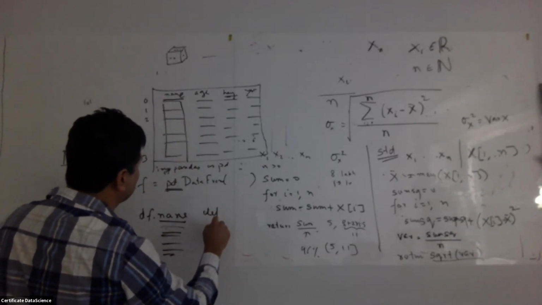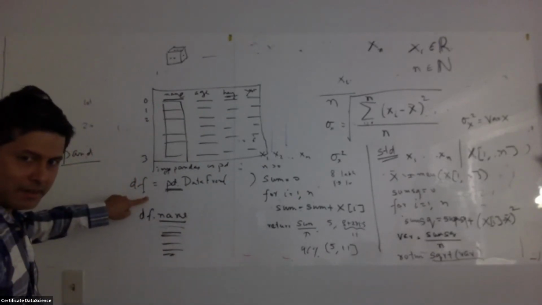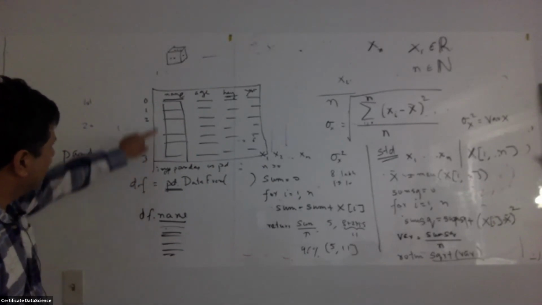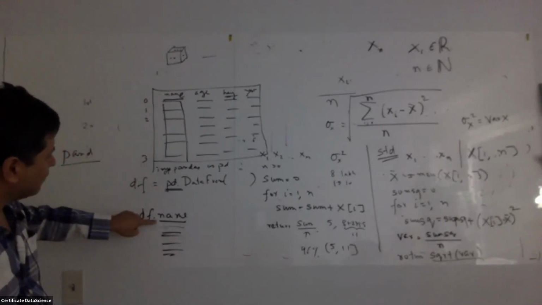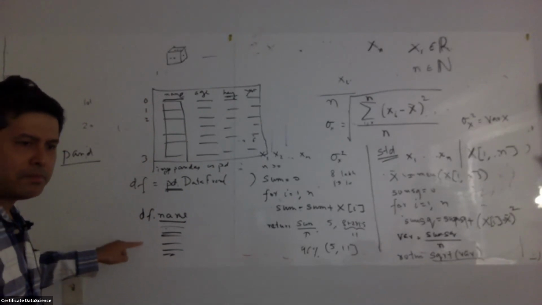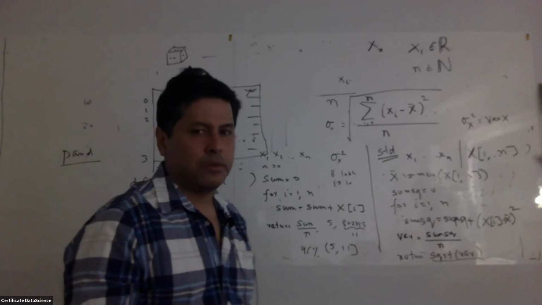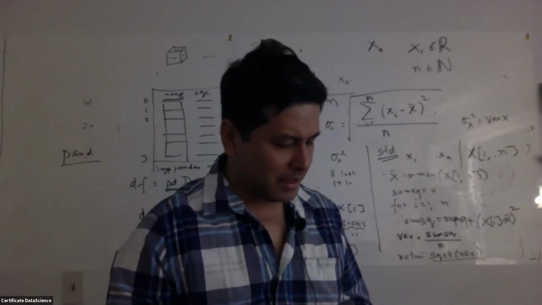If you do df separately, this is the variable of the pandas DataFrame. Whatever column name, put a dot. This is equivalent to this. So this is a very convenient way of accessing tabular data, because as a data scientist, you'll be using it.